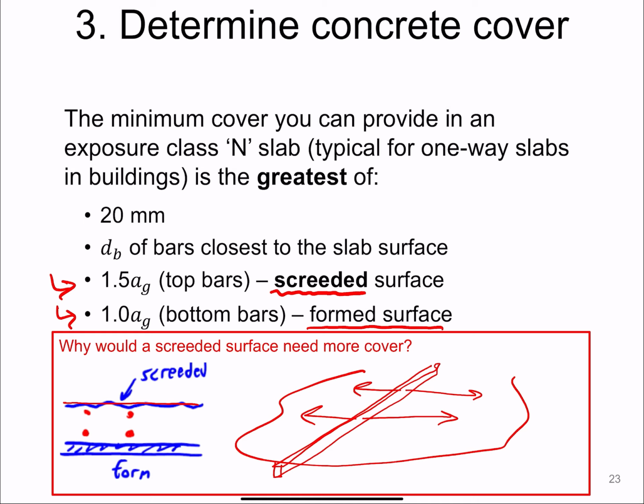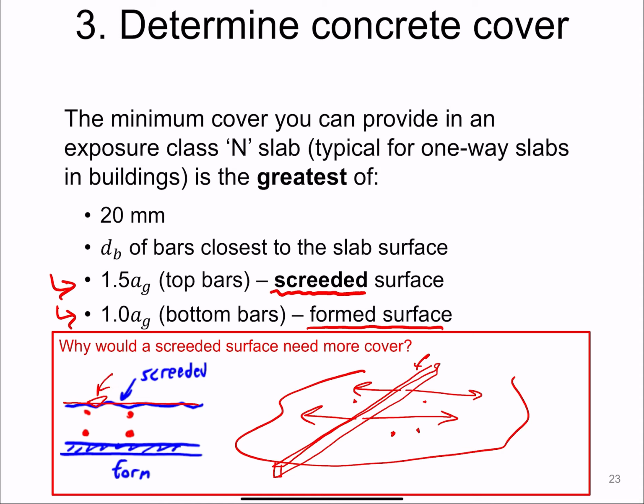Sometimes the aggregate, the small pieces of rock, are going to get trapped in this piece that you're moving side by side, and then those small gravelly pieces are going to create small bumps.